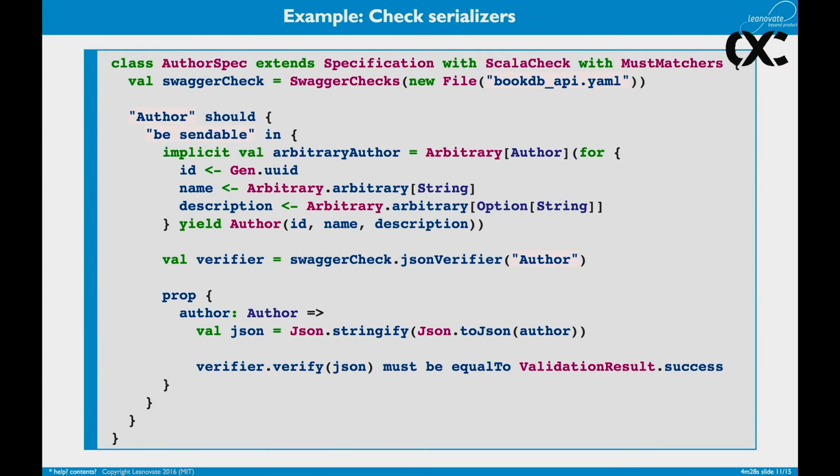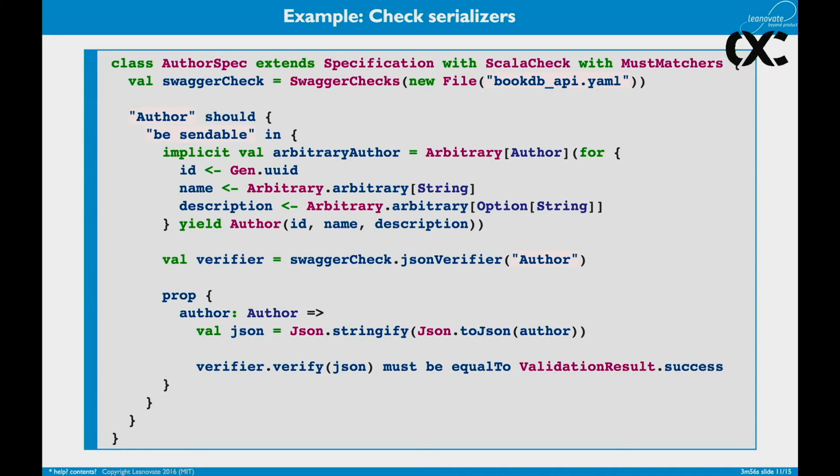We write a specification based on ScalaCheck. I call it the Swagger-Check. And I tell it, hey, take a look at this YAML file. Then the first thing I would like to check is, can I deserialize and serialize all my JSON according to my specification? In my source code, I usually have some kind of value object or case class called Author, for example.